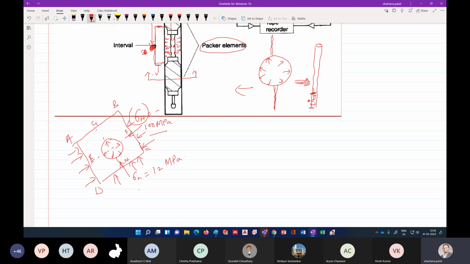We also saw in the Brazilian test that two point loads were applied and it opened in that direction. But it will be easier to crack it like this, because this magnitude is less. If you want to push it, it will be easier to push in this direction, opposite to this. In this direction, pushing is a little bit difficult. Okay.